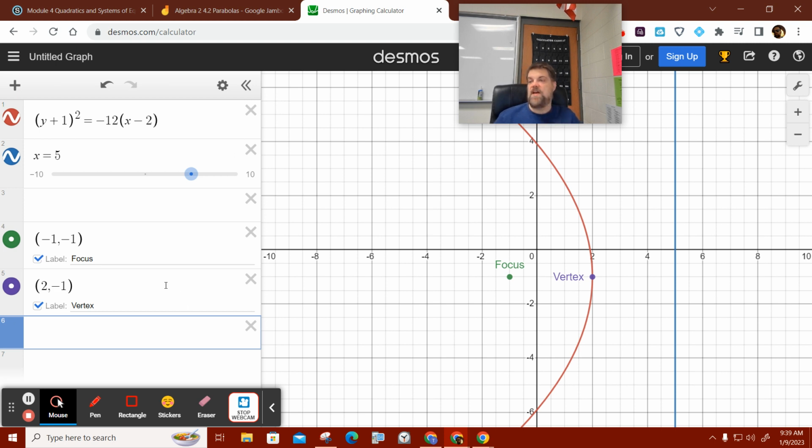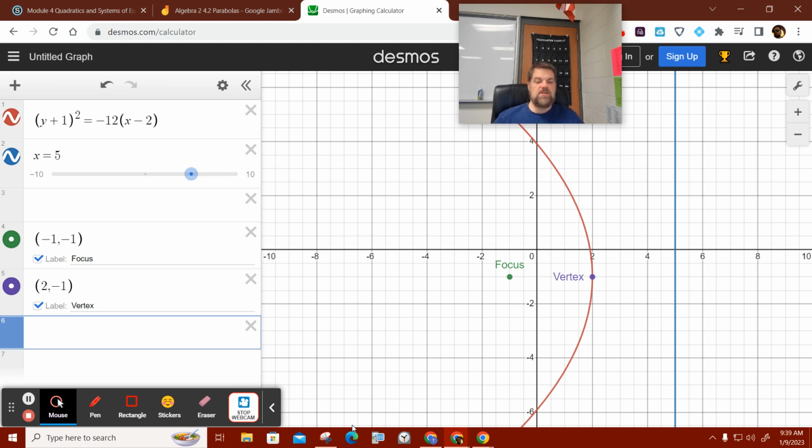Does that look right to you guys? The answer is yes. Because the vertex is equidistant from the focus and equidistant from the directrix, right? Do you guys see that? This is 3 units this way, and it's 3 units this way.